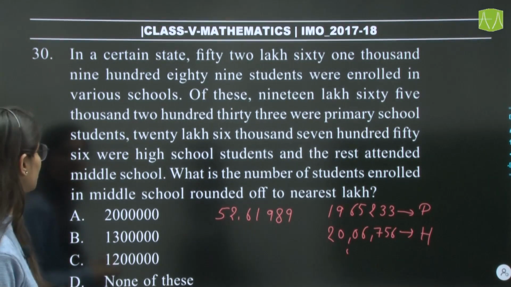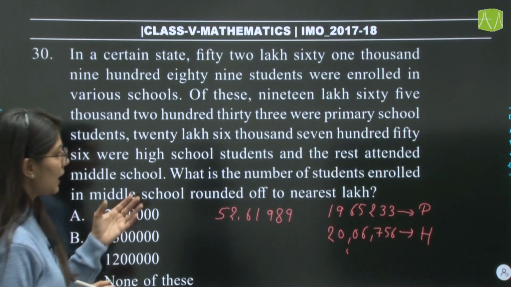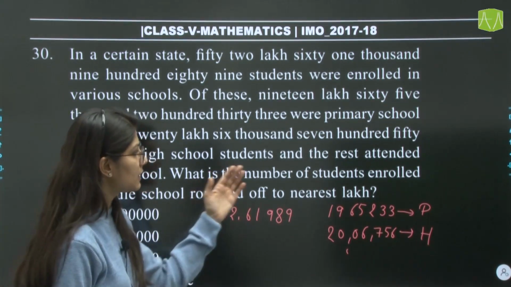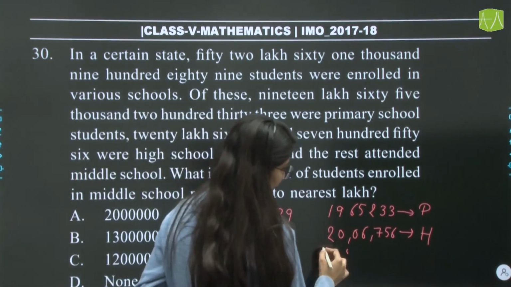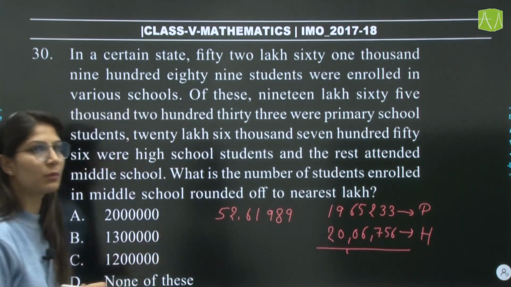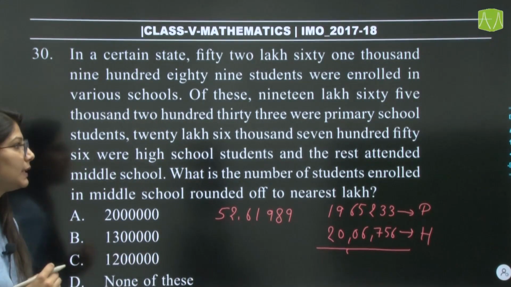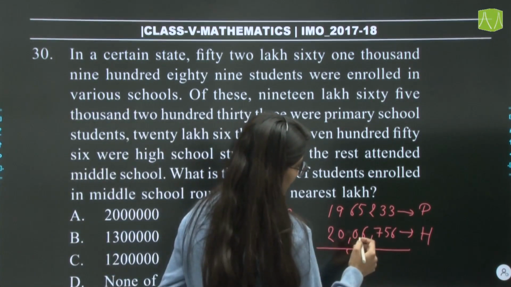What is the number of students enrolled in middle school rounded off to the nearest lakh? So first we have the total number of students, and this is primary and high school. First we have to add them, primary and high, and then we subtract both of them from the total number of students, so that we can get the answer of middle school students. So first add them.